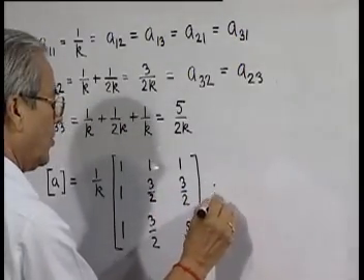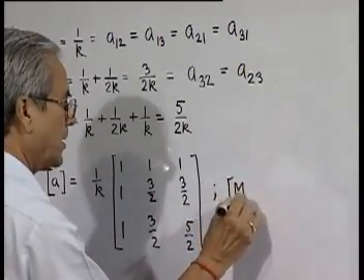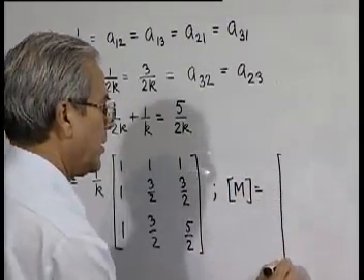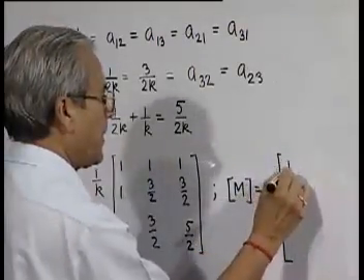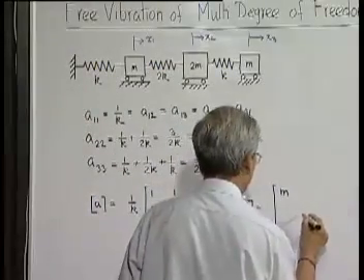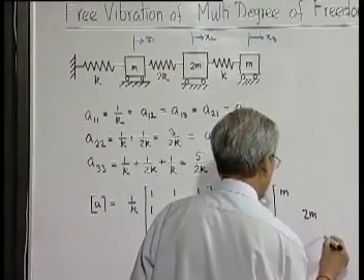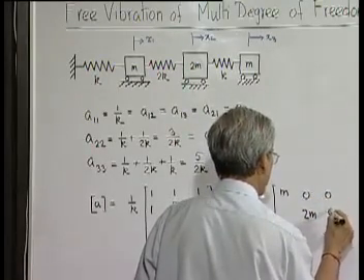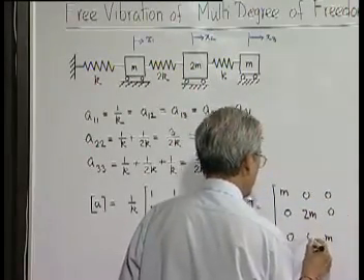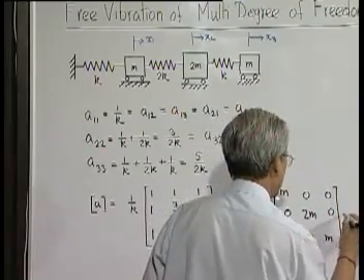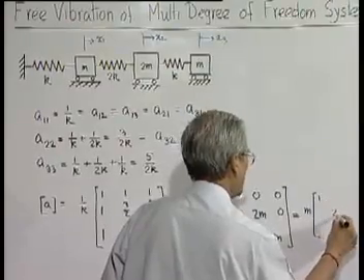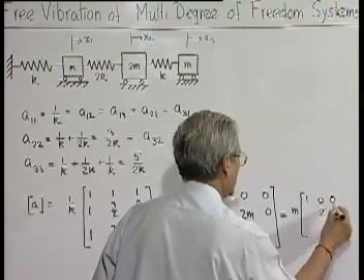We also know the mass matrix. Mass matrix will be simply first mass is m, second mass is 2m, third mass is m, and these terms are all 0, because mass matrix is a diagonal matrix. So, this is nothing but m into 1, 2, 1, 0, 0, 0, 0, 0.